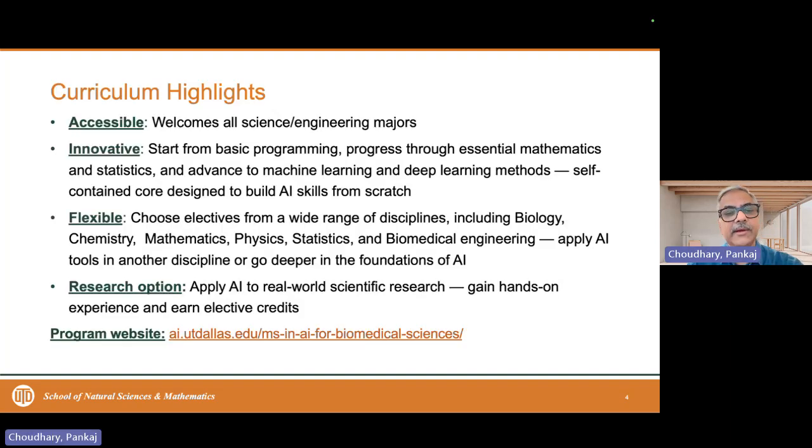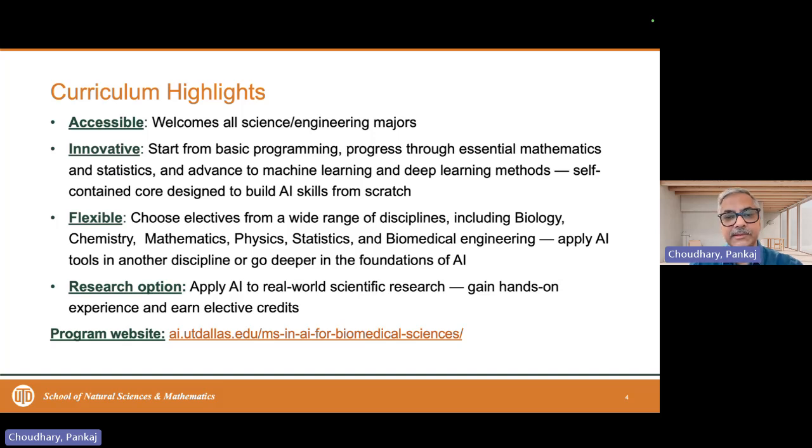Now, let me focus on some highlights of the curriculum. We will go over the detailed curriculum in a minute, but I just want to briefly tell you about the highlights. First of all, the curriculum is very accessible, and we designed the curriculum from scratch. We start with some courses that cover basic programming and basic statistics.